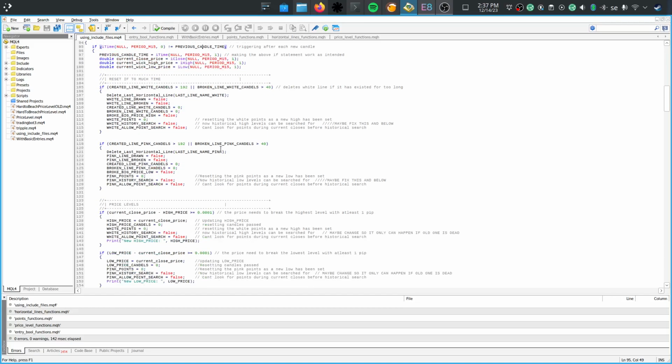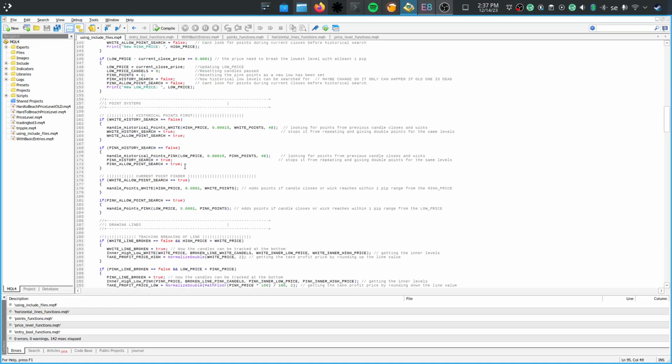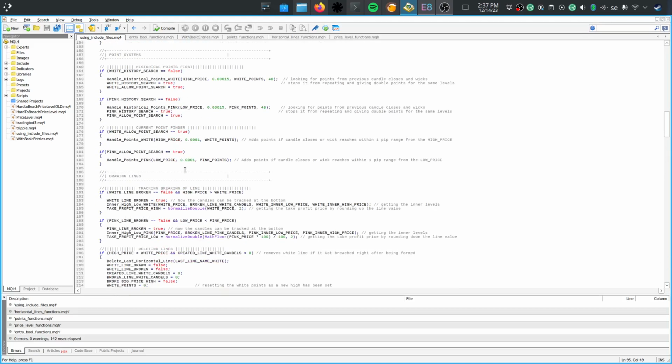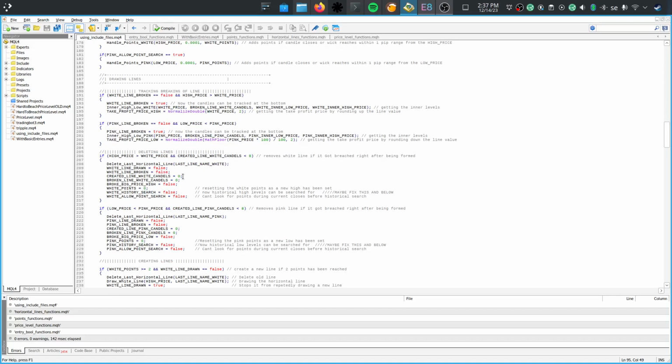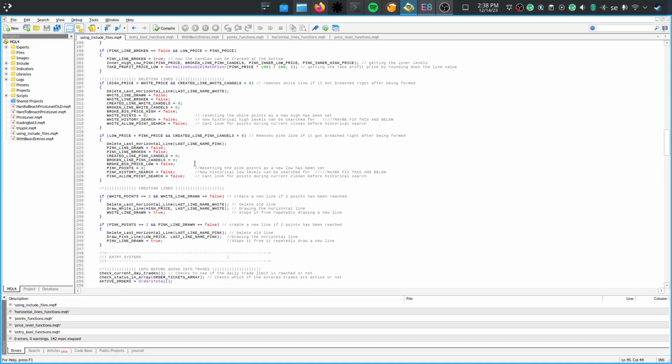Here I draw the lines, I create lines, I keep track of everything. I have the price levels, the entry, my point system for when to draw lines. Everything needs to be organized and not have too many if statements. How do you say it?